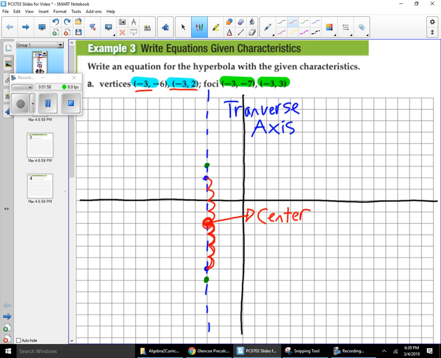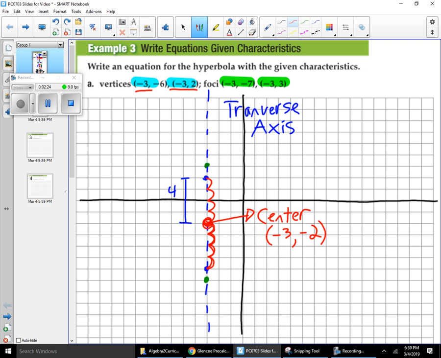So right away, having a graph makes finding the center easy, and makes finding whether it's horizontal or vertical an easier question. Center here is going to be -3, -2. It can also help us with those A, B, and C values, especially now that I know what my center is. I know that my A, the distance from the center to a vertex, is 4.